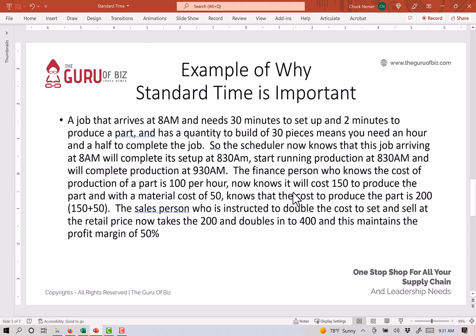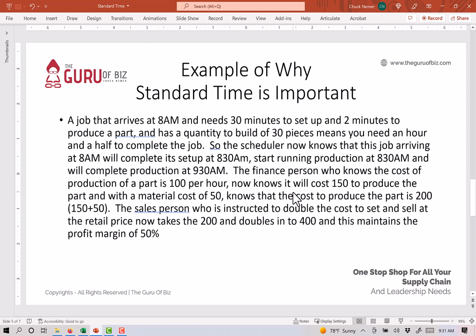Now we know that the cost to produce the part is $200, which is the $150 for labor and $50 for material. The salesperson who is instructed to double the cost and sell at the retail price now takes the $200 and doubles it to $400, and this maintains the profit margin of 50%.